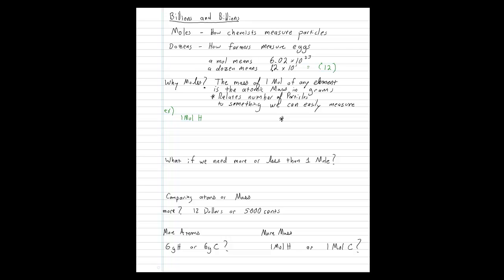So that means that 1 mole of hydrogen has a mass of 1.0 grams of hydrogen. 1 mole of carbon, you look on the periodic table and it actually says 12.0111, but in our class, we're just going to round to the tenths.